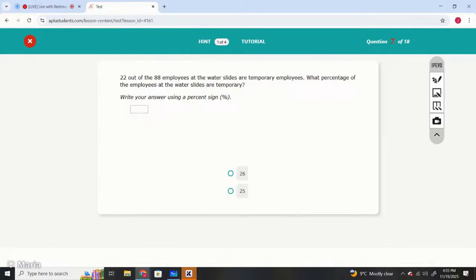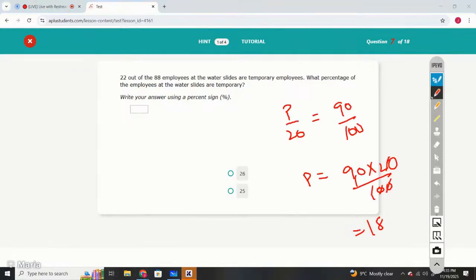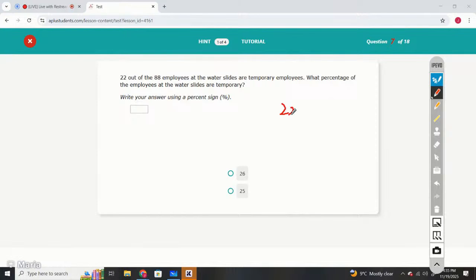22 out of 88 employees at the water slides are temporary employees. What percentage of the employees at the water slides are temporary? So that is 22 divided by 88, right? Because 22 is the part of 88, we need to calculate how many percent, right?